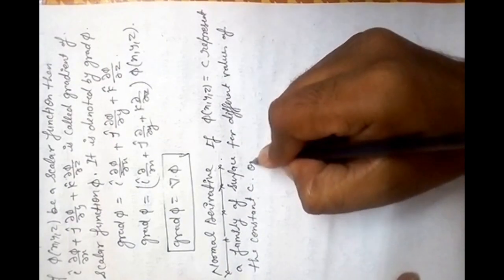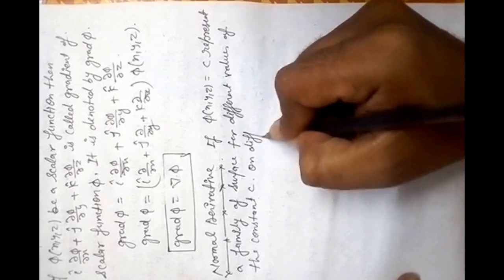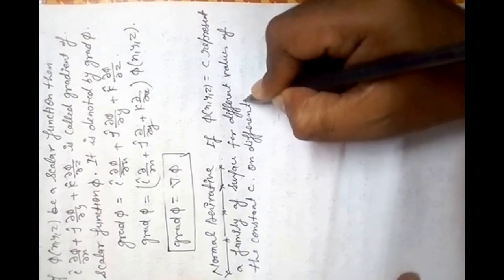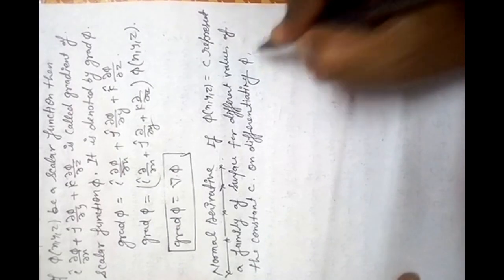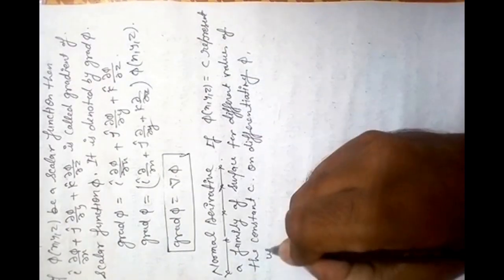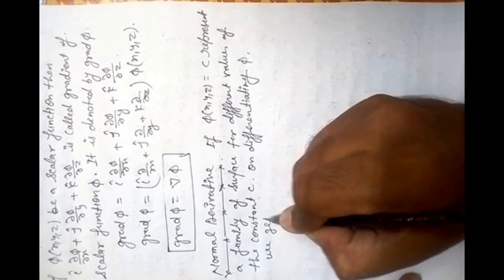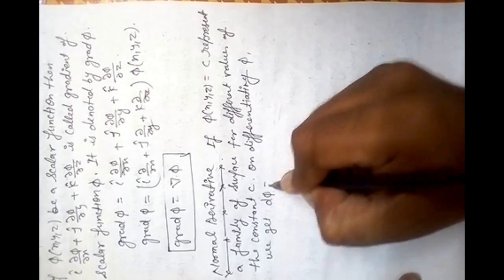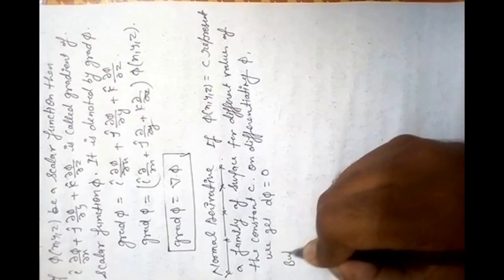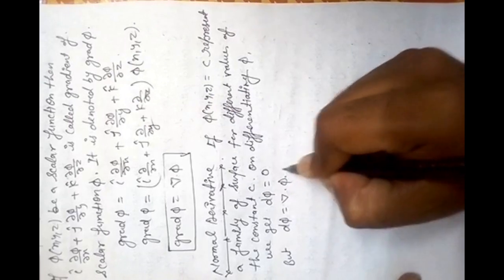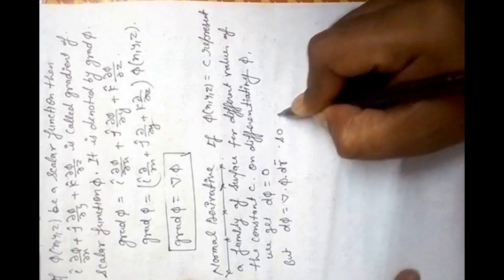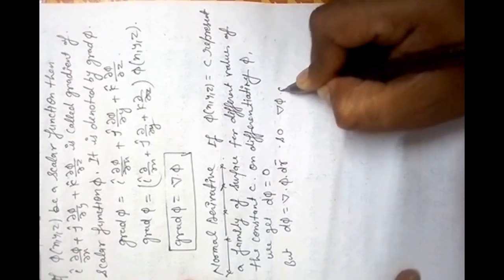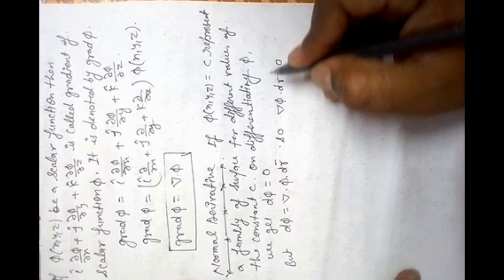Okay, now on differentiating phi, then we get d phi is equal to 0, but d phi is equal to del phi dot dr. So del phi dot dr is equal to 0.